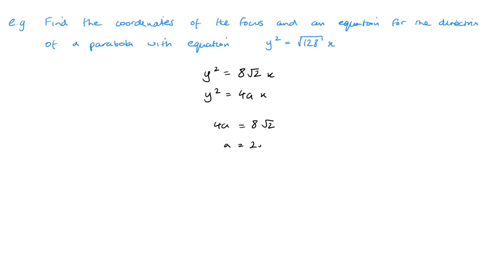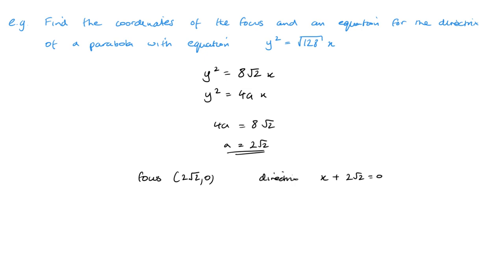Divide by 4 and we get a is 2 root 2. So the focus is (2 root 2, 0). And the directrix is x plus 2 root 2 equals 0, or x equals negative 2 root 2.